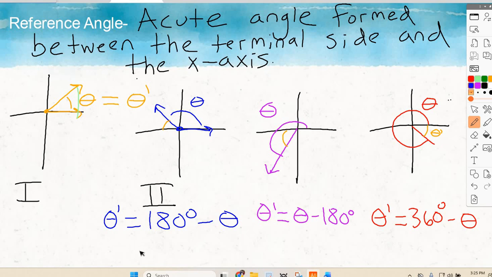So if something is given in radians, we're going to take pi minus theta, or theta minus pi, or 2 pi minus theta. Because if it's given to us in radians, we're going to calculate stuff in radians. We're not going to spend the time converting back and forth between the two.